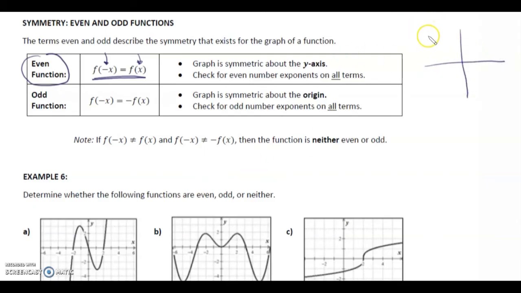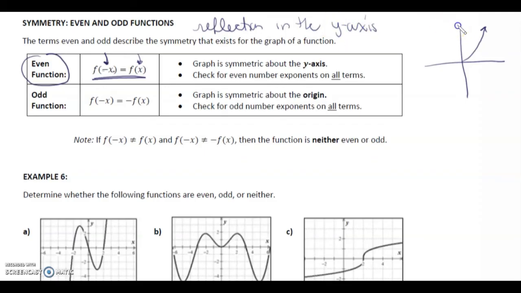So if you remember, I'm going to take a quadratic. I'm going to take half a quadratic though. Okay, so if we had this half of a quadratic, if you remember back to grade 11, if we put this negative on the x, that is a reflection in the y-axis.